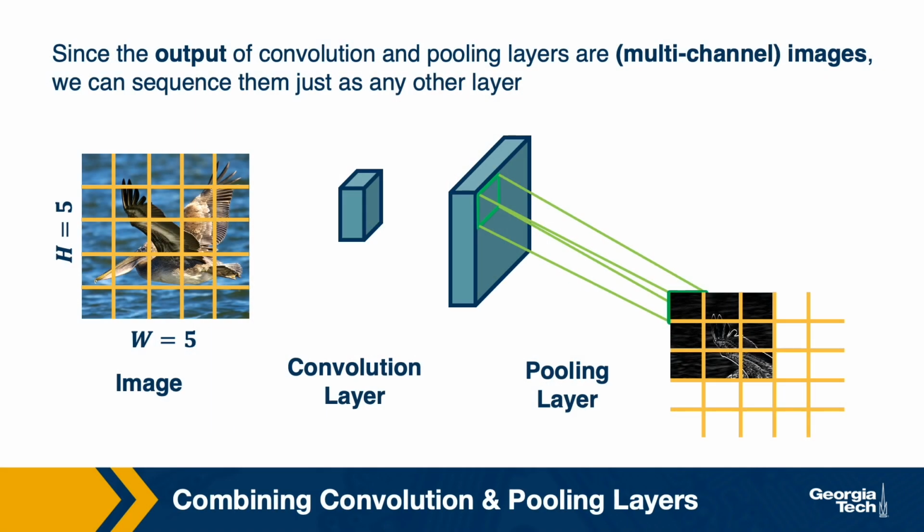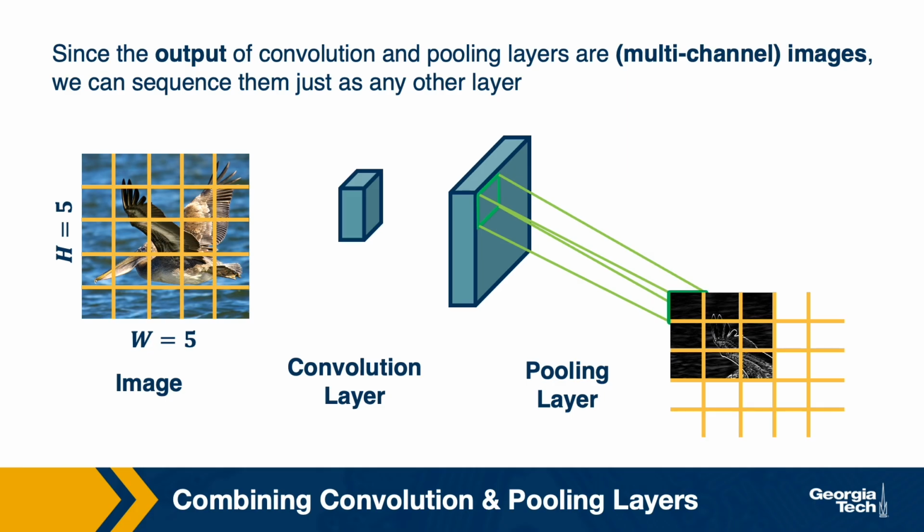Since the output of convolution and pooling layers are multi-channel images or tensors, we can actually sequence them just as any other layer. That is, the input will be some width and height and depth. And if we are using a number of samples in a mini batch, then the number of batch elements. And the output will be the same, perhaps a slightly different height and width or a different depth, but still the same shape tensor.